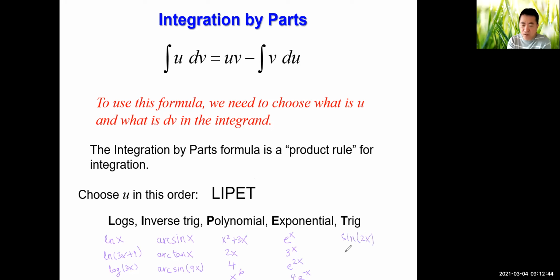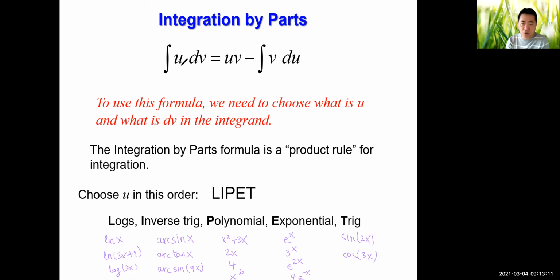So sine of 2x, cosine of 3x, etc. I don't think we have tangents involved. So sine and cosine are the most frequent ones you're going to see. So again, look for these functions as you determine what is u.